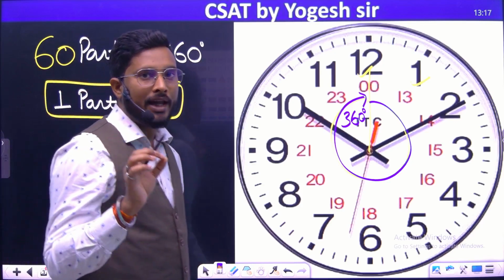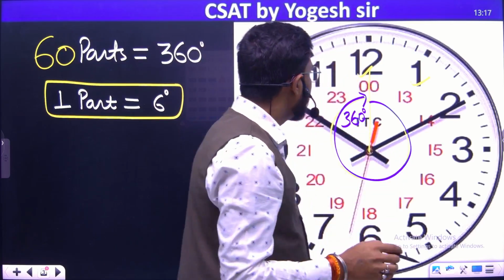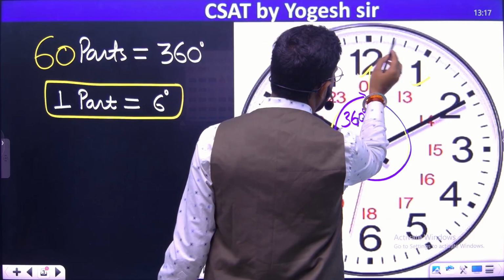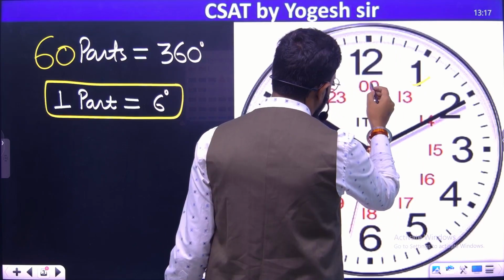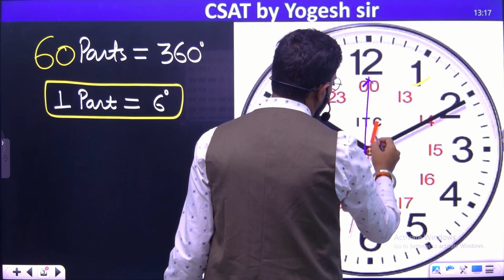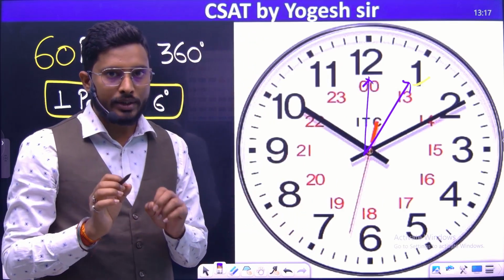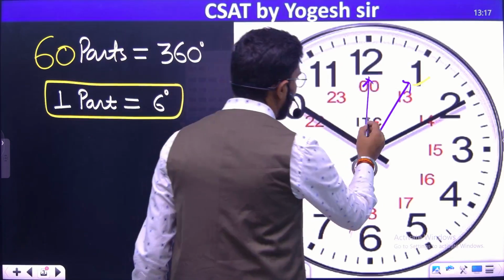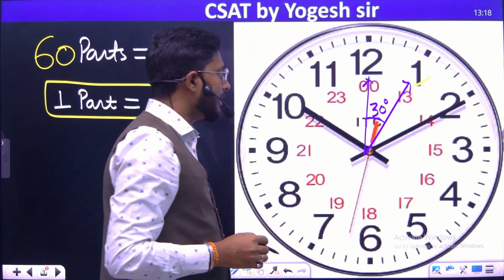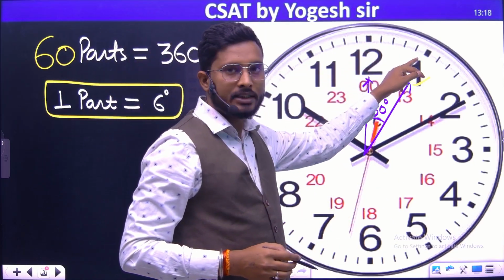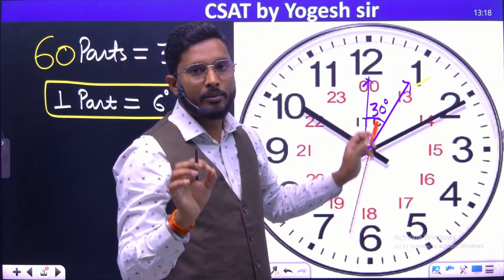If the value of one part is 6 degree, then the value of 5 parts gives the angle between two consecutive numbers, which is 30 degree, because there are 5 parts between 12 and 1.